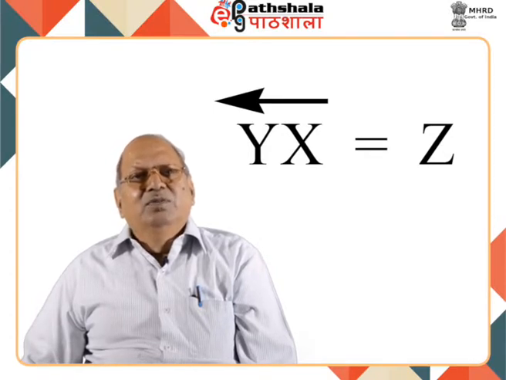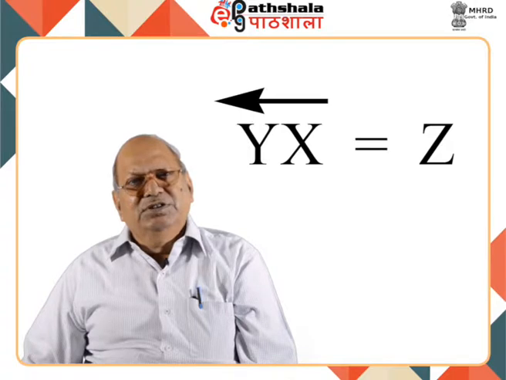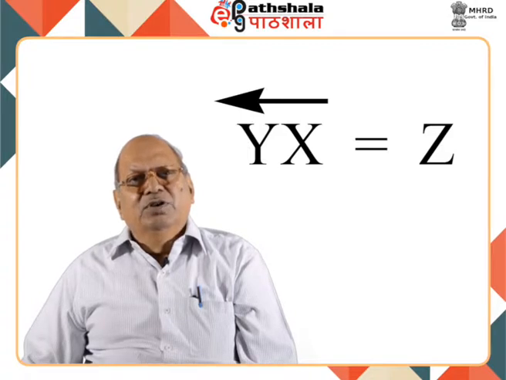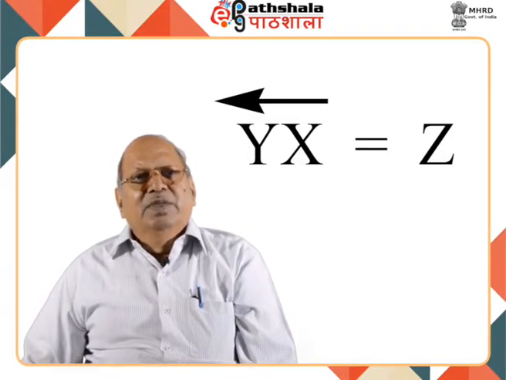If I write the product YX is equal to Z, then I have to perform the operation X first, then operation Y. The right to left rule is always to be followed. The direction of the arrow indicates the order of performance of the symmetry operations: X performed first, followed by Y.